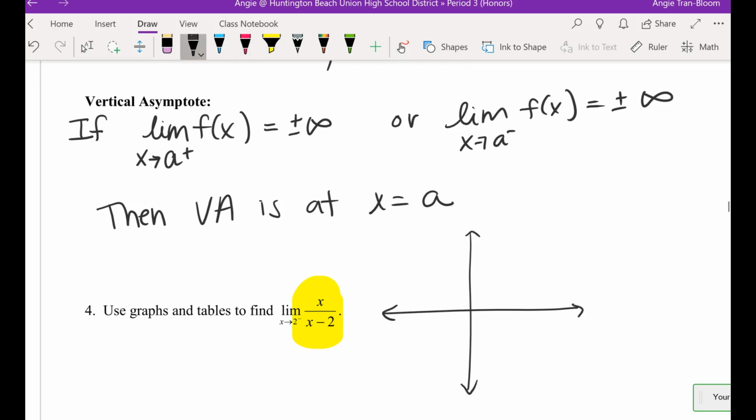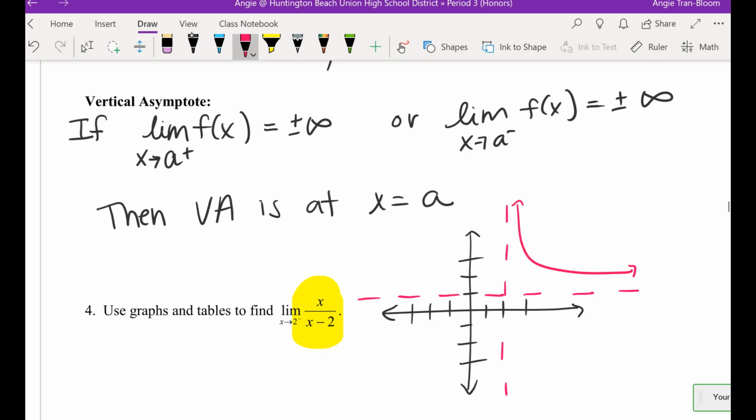Is there an asymptote? At where? 2. There's a vertical asymptote here. Does it look like this? Yep.